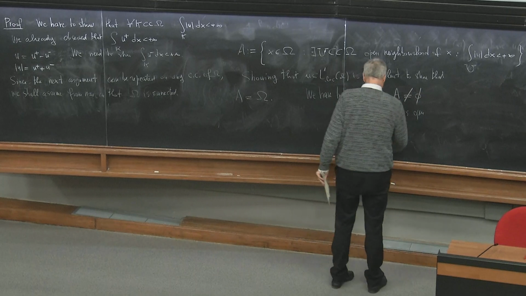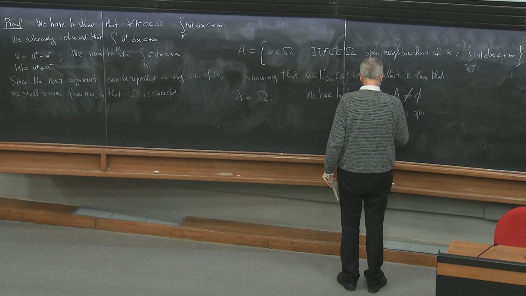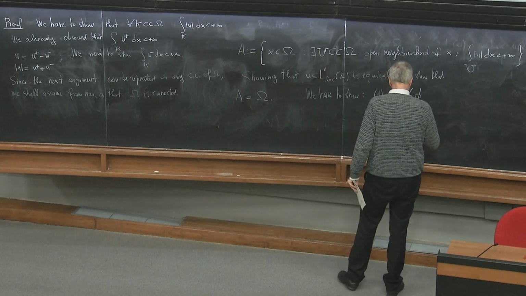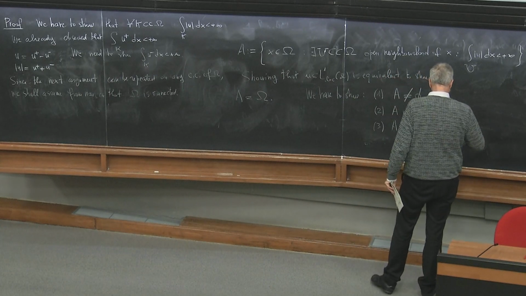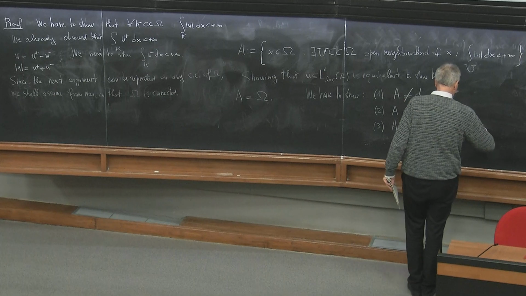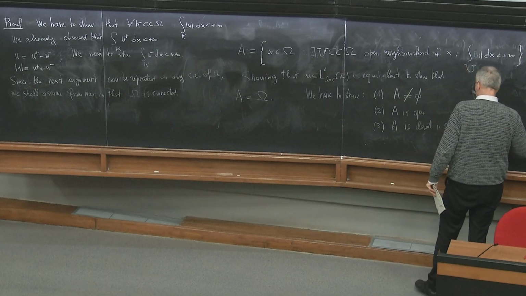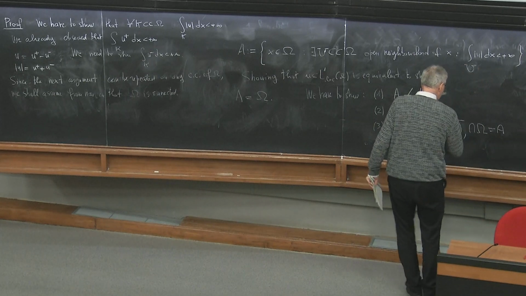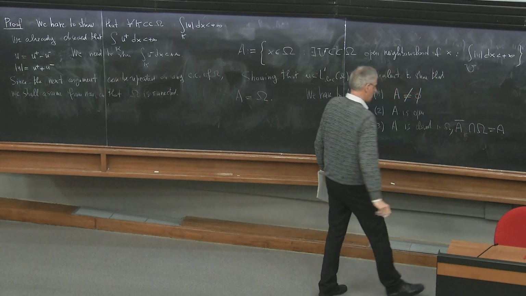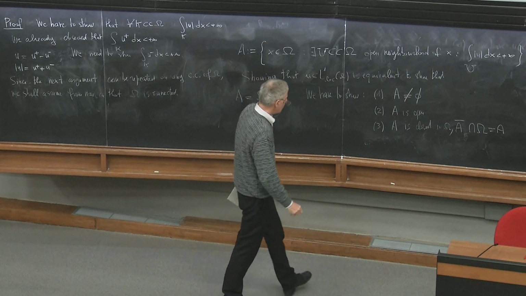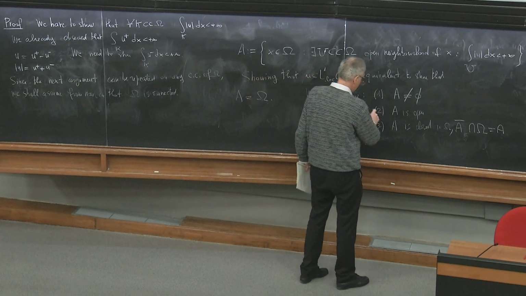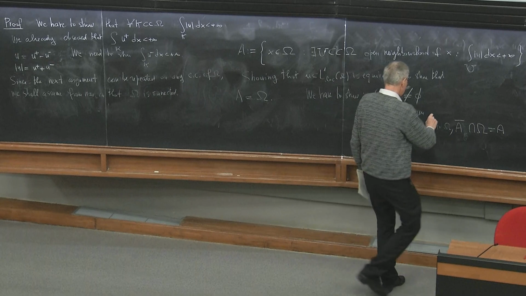Three, A is closed in omega, in the relative topology. So we have to prove these three things, where the second one is direct.